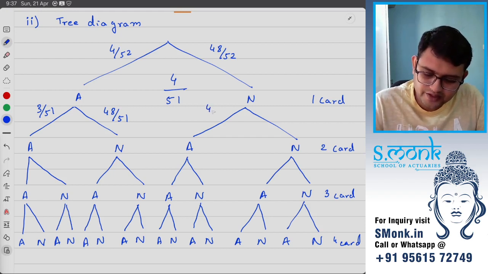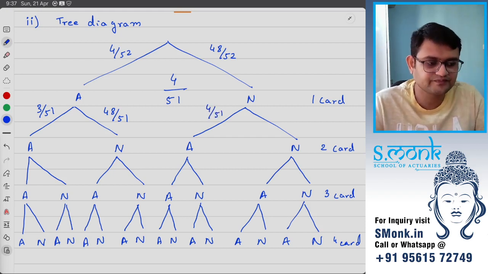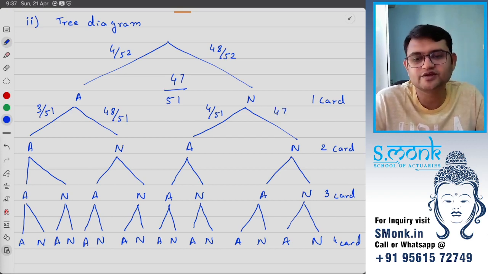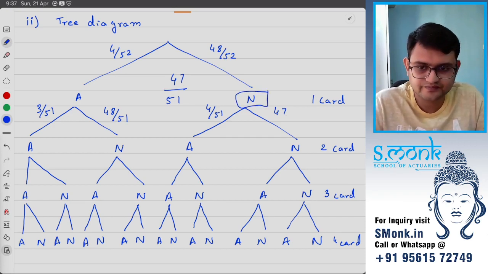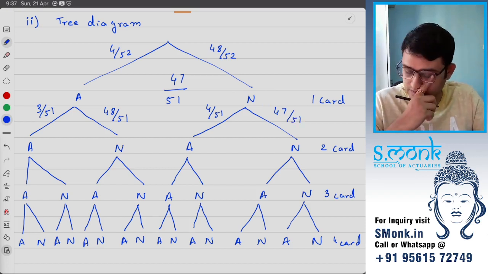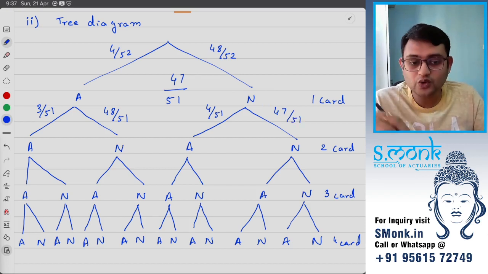So probability here becomes 4 by 51. And probability of getting not an ace. So 47 not aces in the deck because one has already been chosen in card 1. So 47 by 51. Now this is how you are supposed to go for each one of these branches.